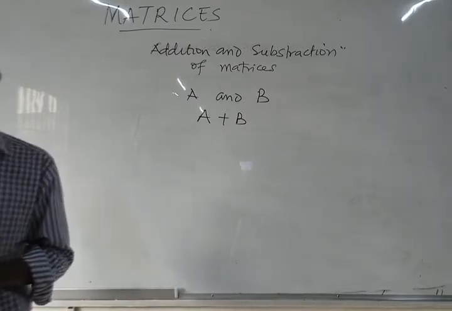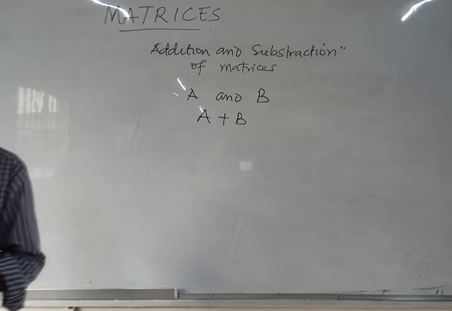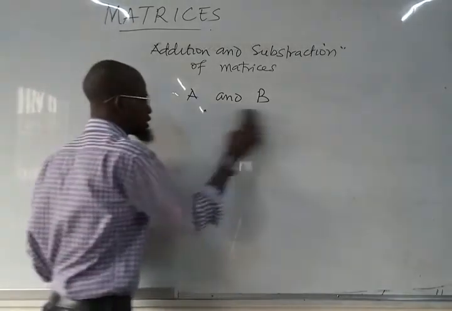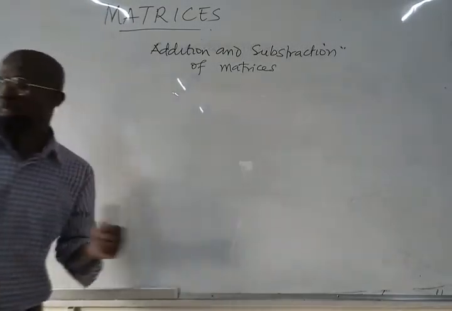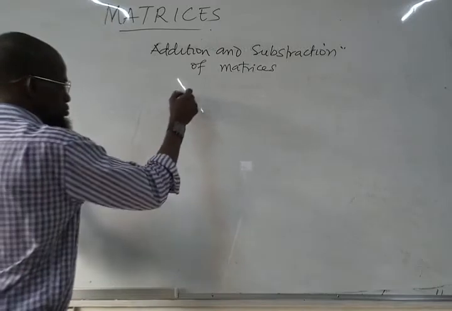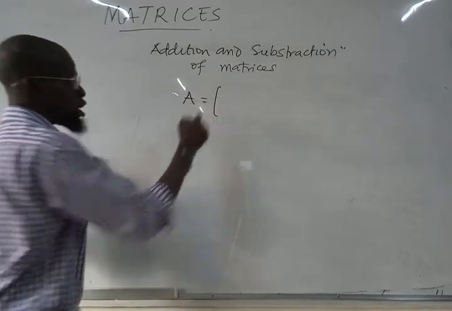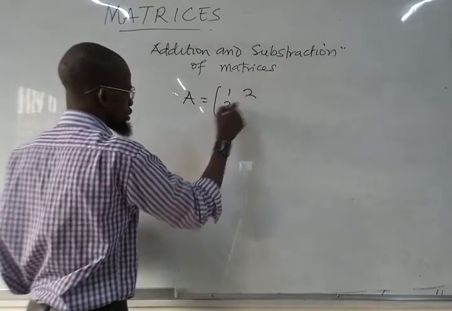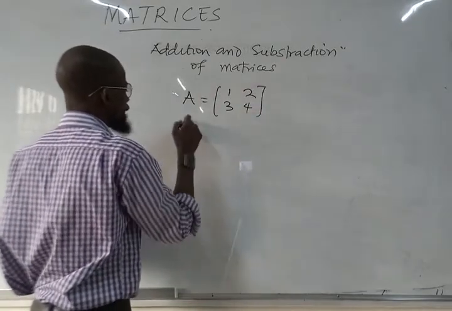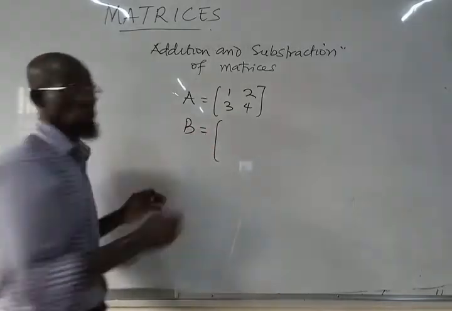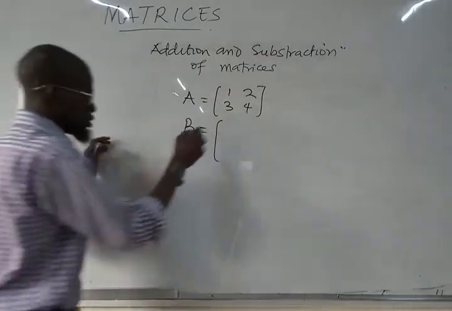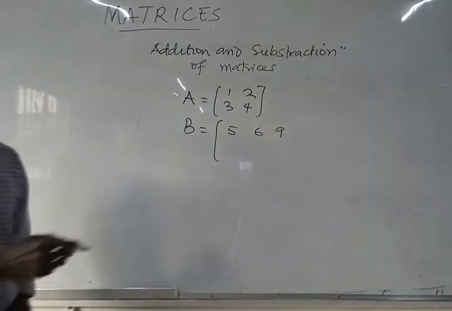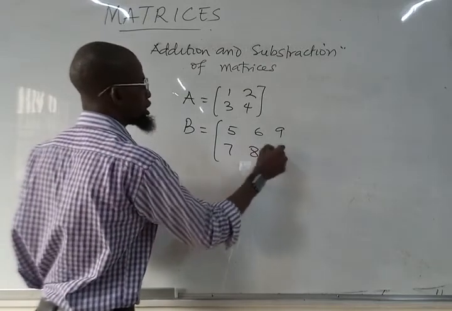Consider a matrix A equal to 1, 2, 3, 4, and a matrix B equal to 5, 6, 9, 7, 8, 10.